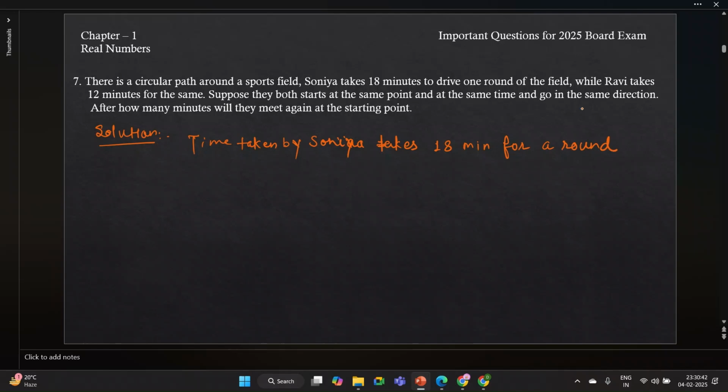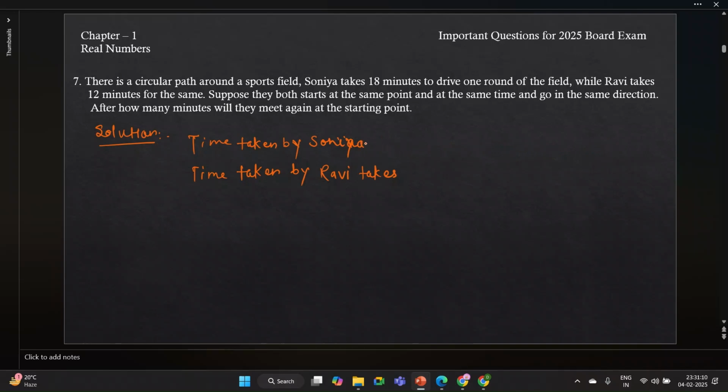And time taken by Ravi. Ravi takes... Wait a second, the pronunciation. Sorry, actually, the sentence is wrong. So I'm writing it in the right way.